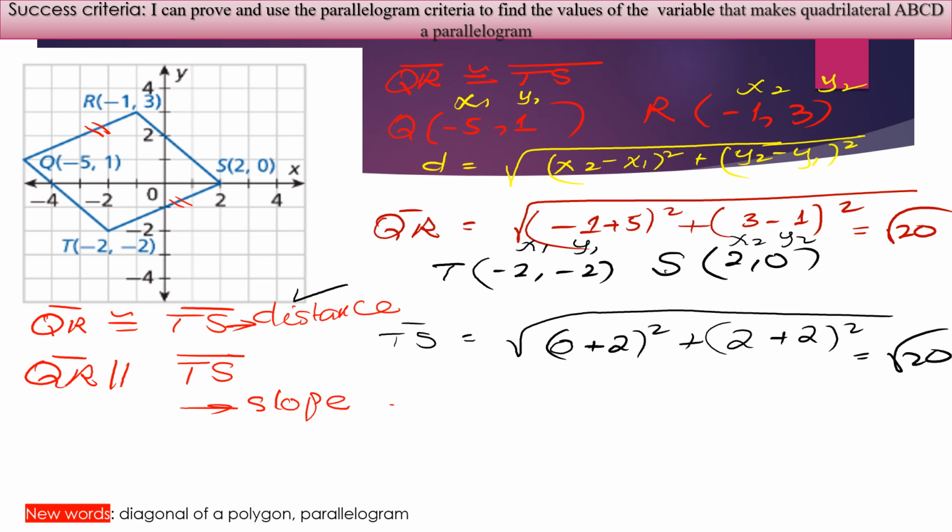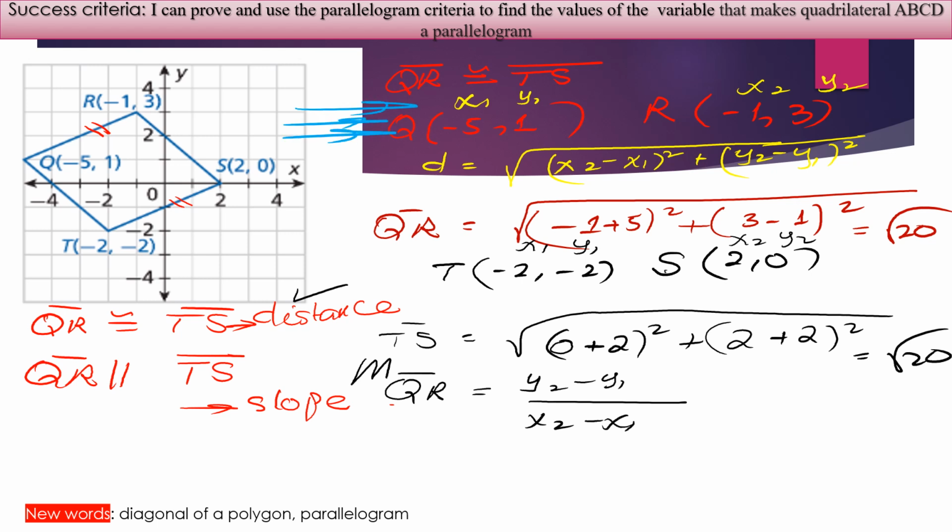Now second thing, we have to find out if QR is parallel to TS. So find the slope, and the slope formula is (y2 minus y1) over (x2 minus x1). Now your eyes should be on these coordinates, here and here. So y2 is 3 minus y1 is 1, x2 is -1 minus x1 is -5, negative, negative, +5. So 3 minus 1 is 2 over 4, which gives me 1 over 2.